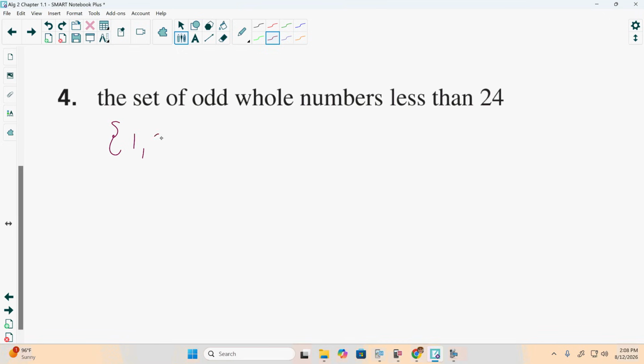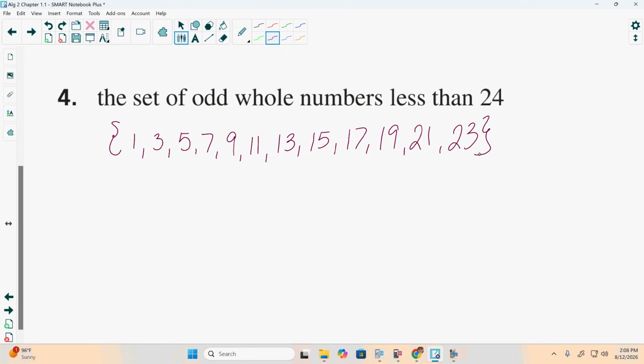And then 3, 5, what's our next one? 7, almost 9, then 11, then we'd have what? 13 and 15, 17, 19, 21, 23, and that's it. 24 is even, divisible by 2.